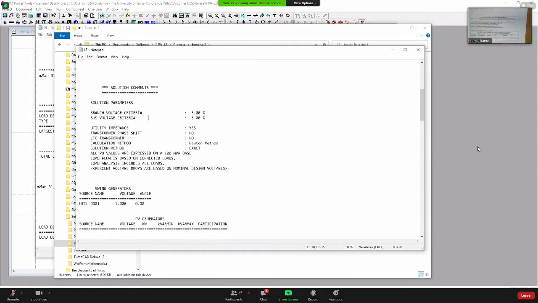Branch voltage, so here are the criteria for branch and total. So branches, that would be the voltage drop in this section. That's branch.